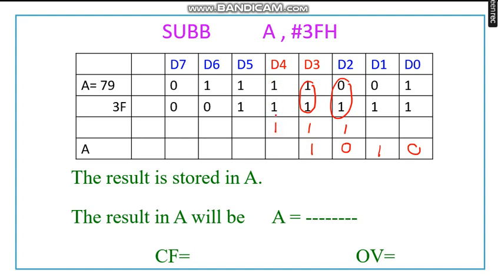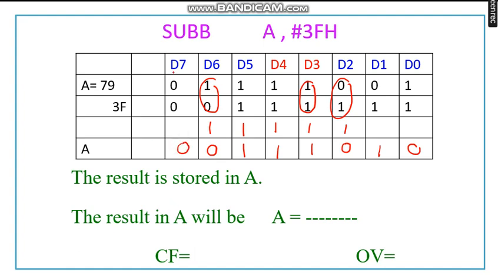Again here 1 minus 1, 0, difference 1, borrow 1. 1 minus 1, 0, 0 minus 1, difference 1, borrow 1. 1 minus 0 is 1, 1 minus 1, 0, and 0 minus 0, 0.